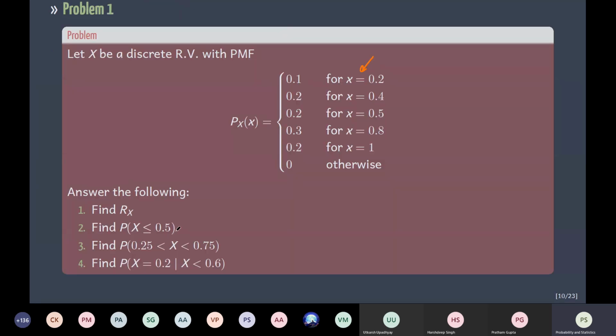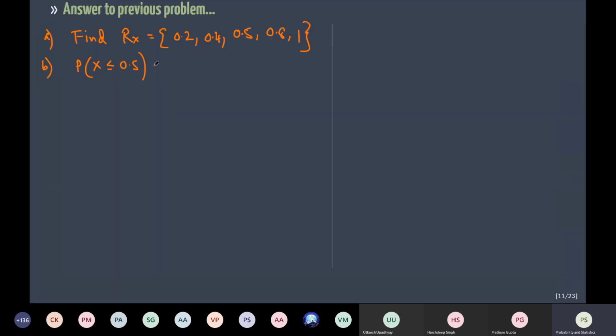Its equal is allowed. So we are going to consider 0.2, 0.4 and 0.5, because for the other values x is greater than 0.5. So we are restricted to these, and we have to compute the probability for this. The probability that x is less than or equal to 0.5 is the same as the probability that x belongs to 0.2, 0.4, and since 0.5 is also included, I put that there.